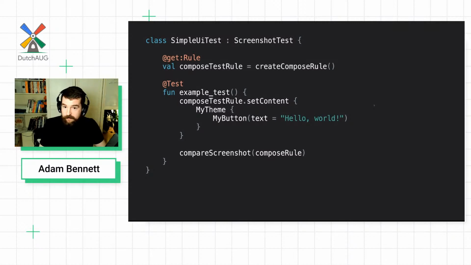But it's really, really powerful. And what I'd recommend as well is don't just test the very basics. Test every permutation if you can. So here we're testing a very long string, and you want to double check that your legacy button and your new composable react in the same way.